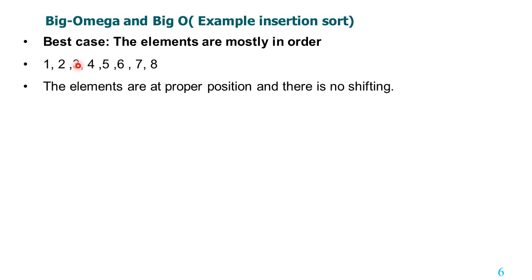When 3 comes, it will be compared with the element previously in the list, that is, with the element 2. It finds that 2 is already smaller than 3, so there is no shifting operation. Hence, in each case there is no shifting operation, since all the elements are in proper positions.